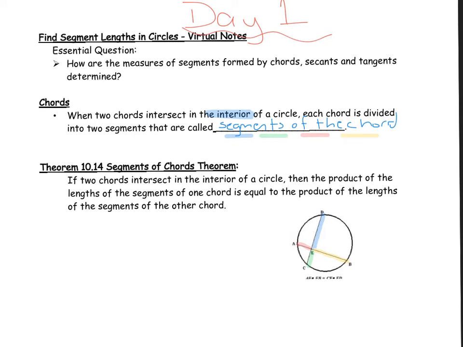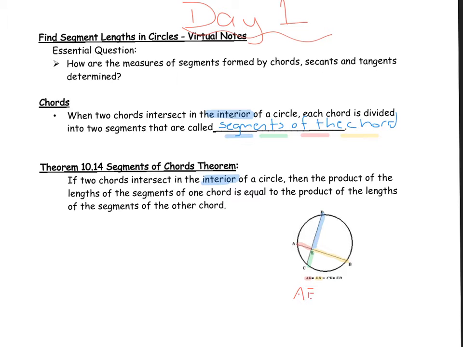Okay, so when they intersect on the interior, again, we're focusing solely on interior today, the product of the lengths of the segments of one chord must be equal to the product of the lengths of the segments of the other chord. I'll write it a little bit bigger, but this says AE times EB. Those are the two segments of chord AB.